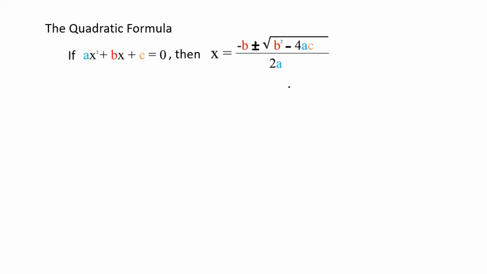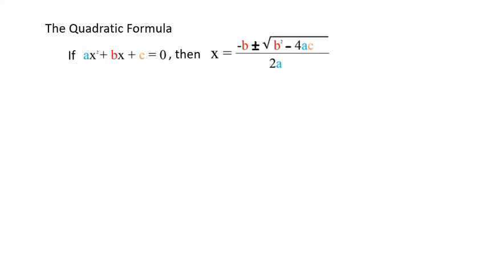The short answer is it comes from solving this equation with the a's, b's, and c's in it using completing the square. And if you want to see that, you can watch that video, and you may be required to watch that video if you're in my class and do the quadratic formula proof. But in this video, we're just going to look at using the quadratic formula to come up with answers.